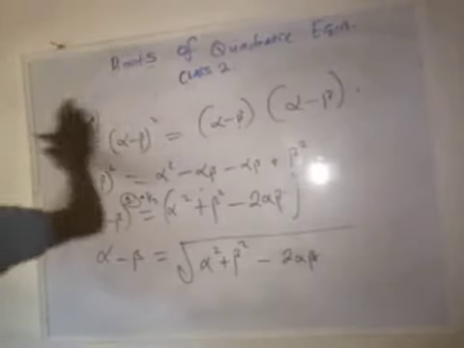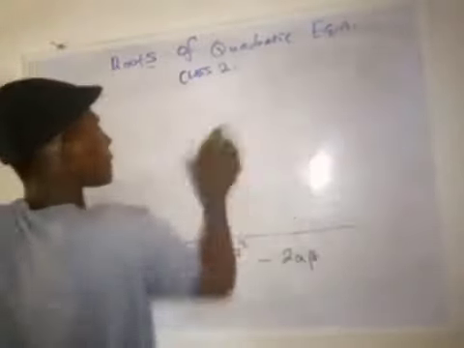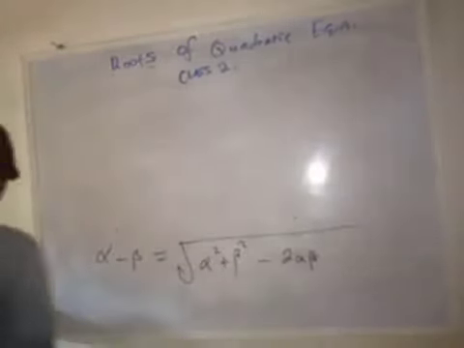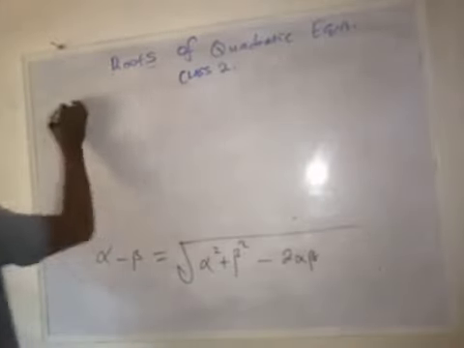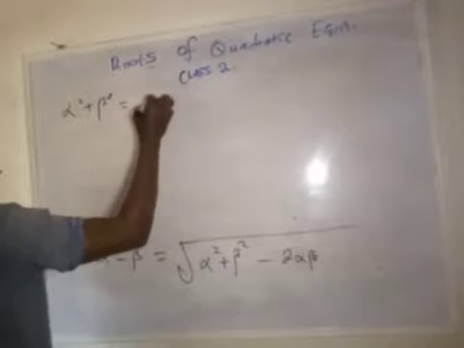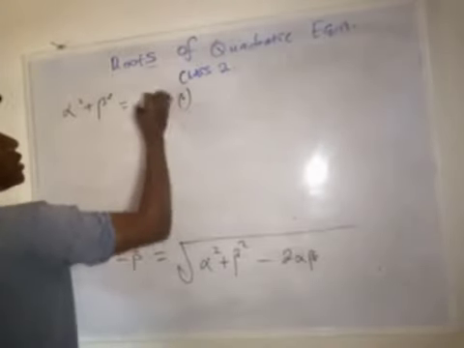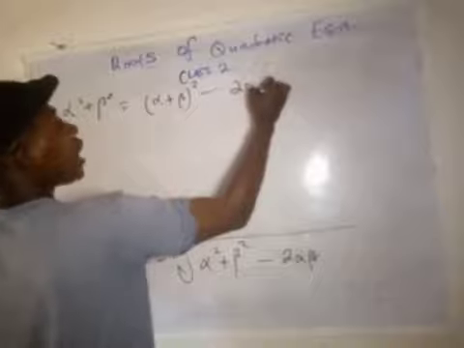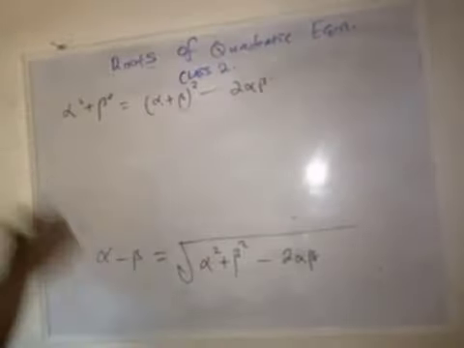But you could remember that alpha squared plus beta squared is equal to alpha plus beta squared minus 2 alpha beta. Yes or no?